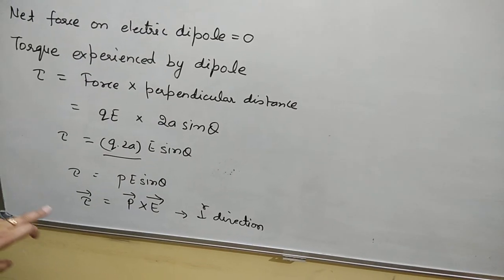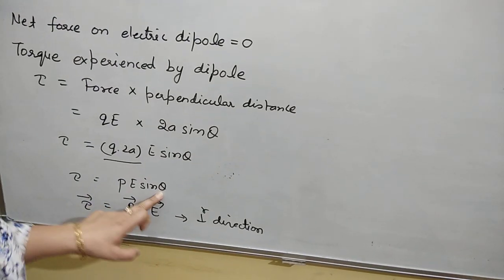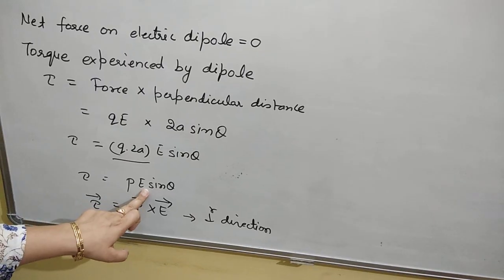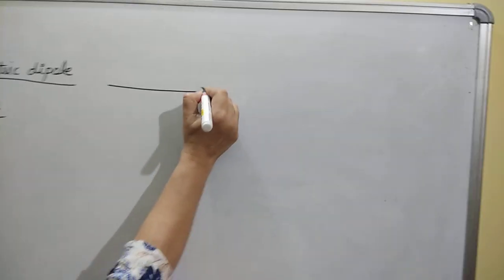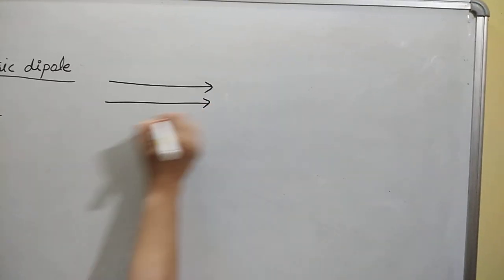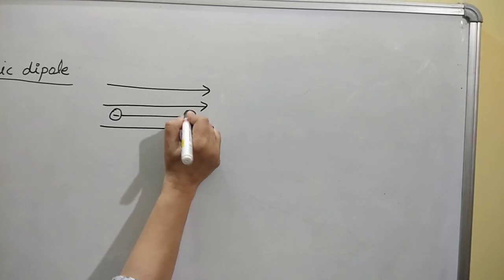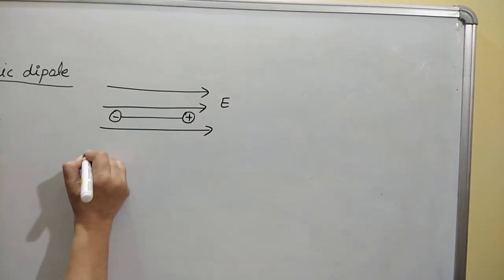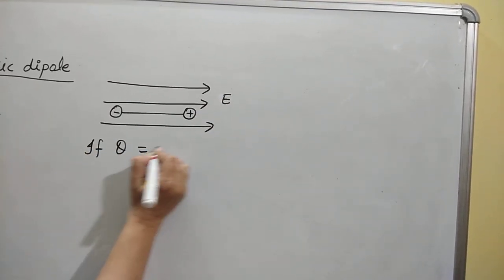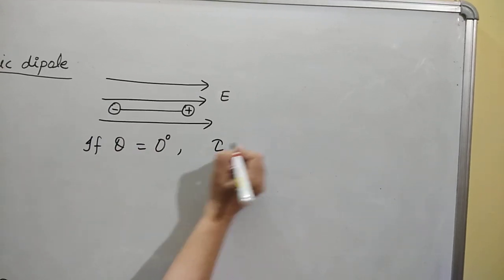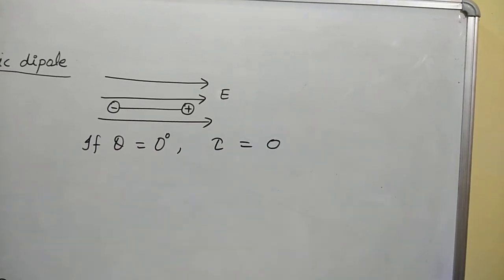Now, if the angle between the dipole moment and the electric field is 0, that means the dipole is placed in the direction of the electric field. It's like this. Theta is 0 degree. In this case, torque on the dipole will be 0.